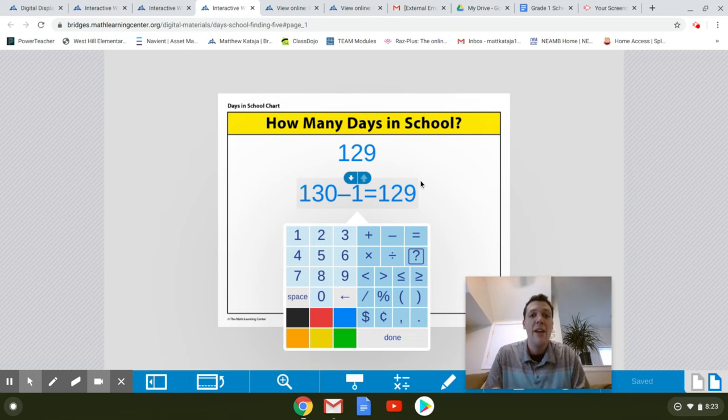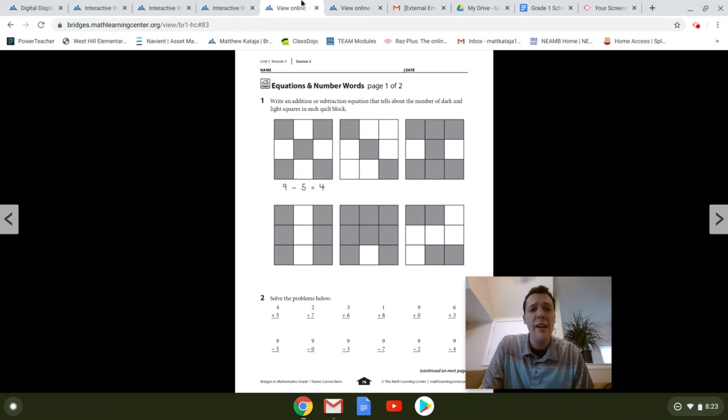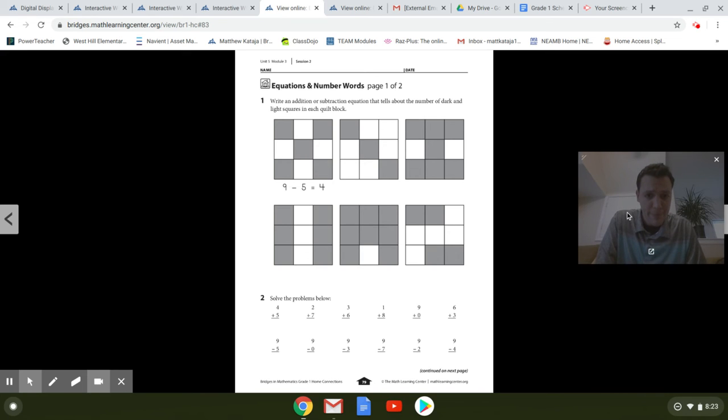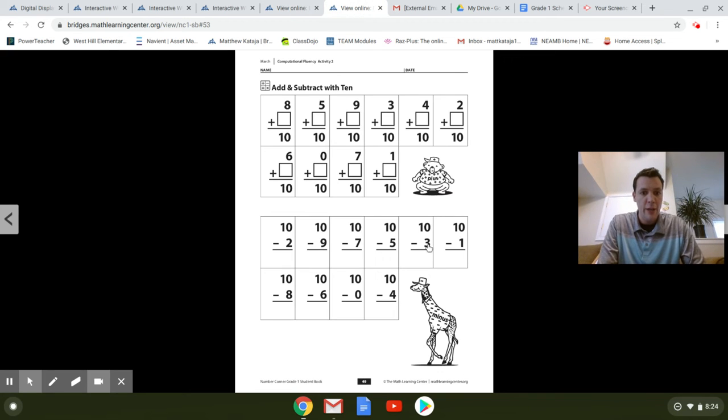All right. And for today, this is your assignment. These are your worksheets. I know we did, I think, the home connection one already. You're going to do great at it. Is this one? Hold on. Here is your number corner page. And remember our number trees. So when you have an addition one, you have 2 parts that make the whole.